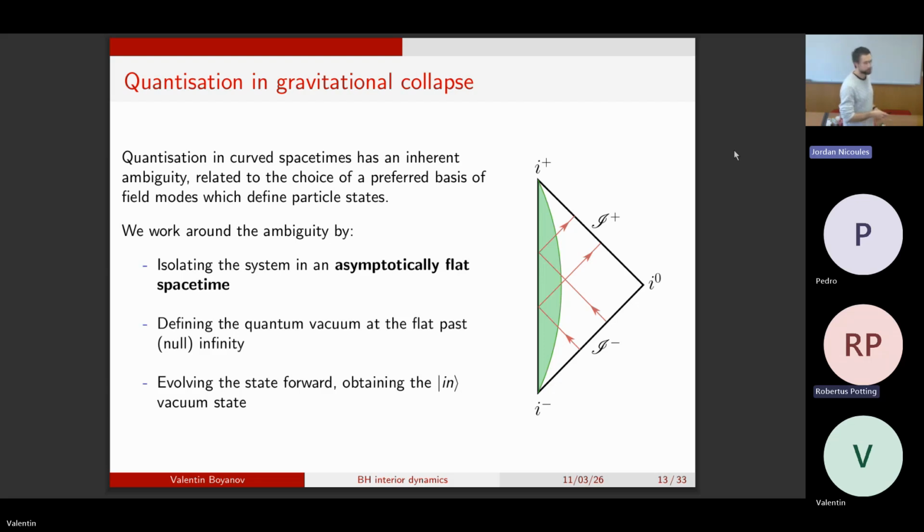And you know that the quantization works there, and then you propagate the modes of the quantum field through the region of curvature in the future. This is how you define the in state, which is typically the most, let's say, physically well-motivated one to use in gravitational collapse and black hole formation scenarios.